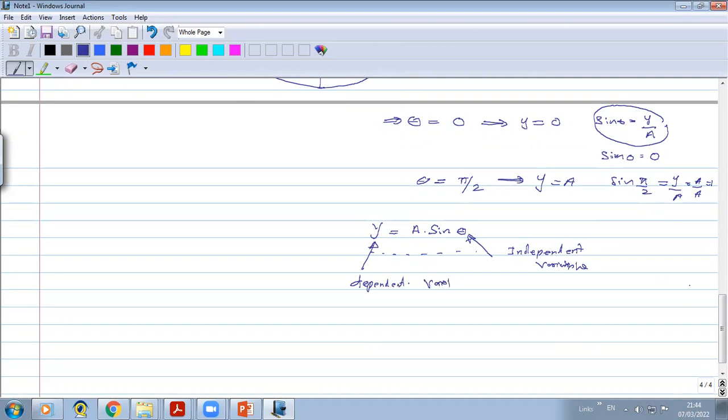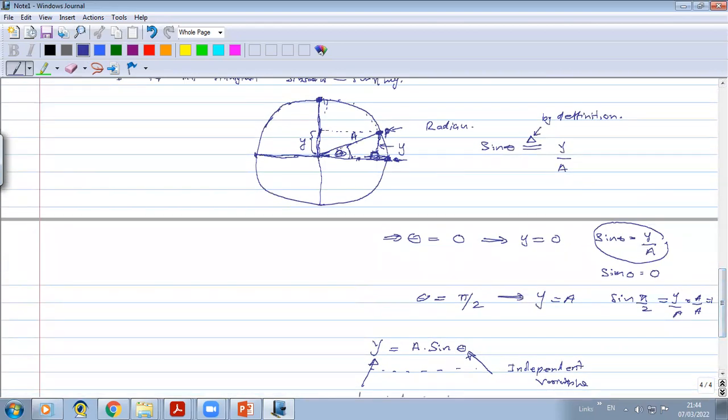Dependent variable. You can see that when this theta is changing, this point goes along this circle. This point P goes along this circle like this, so theta is changing, and according to theta, this y is changing.